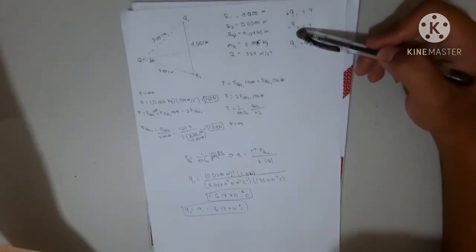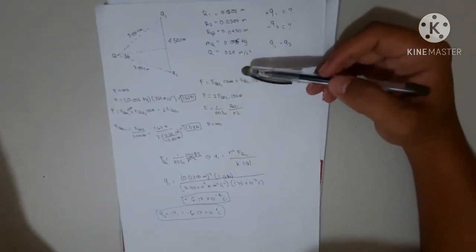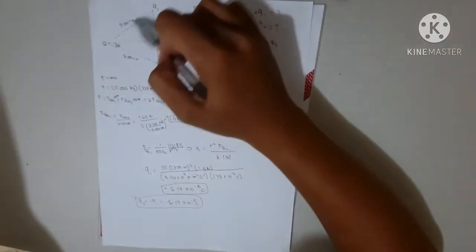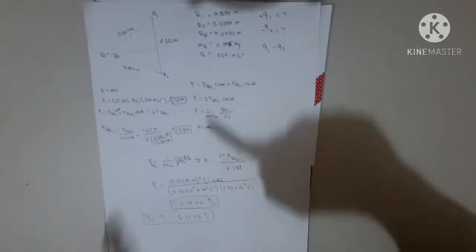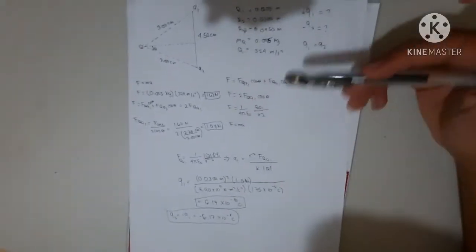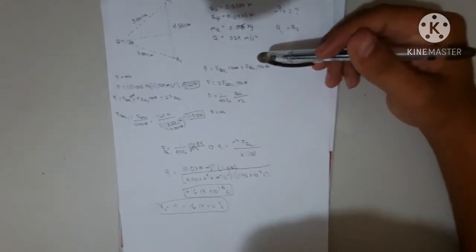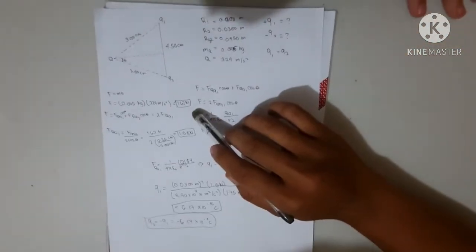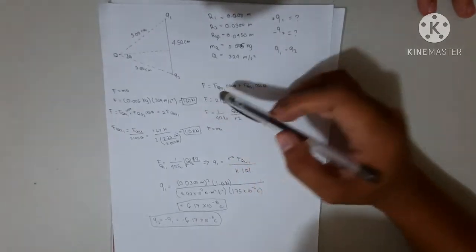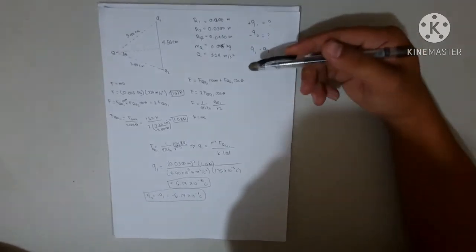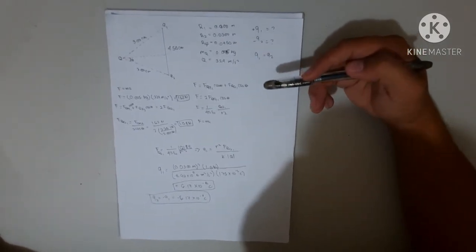So the forces due to Q1 and Q2, because Q1 and Q2, which is this one, is parallel. So again, force is equivalent to mass times acceleration.